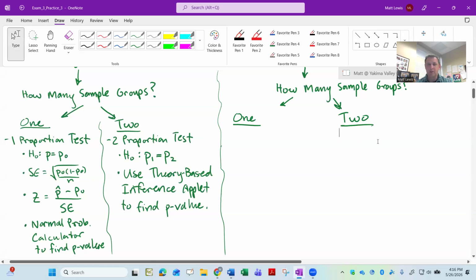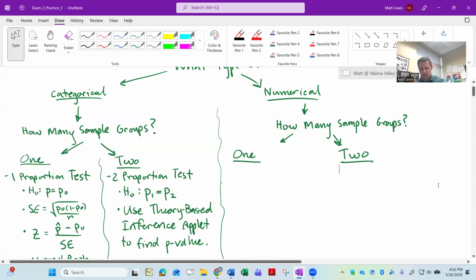So if there happens to be two sample groups, we'll ask one more question, and that is, is the data paired or not paired? There's our question. And so based upon whether it's paired or not paired, that'll determine where we go from there.